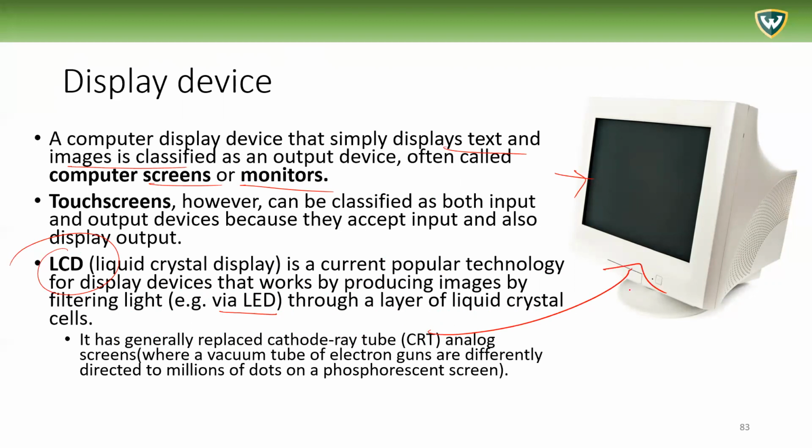This older technology needed very big hardware to create the images that we see, the vacuum tubes and electron guns shooting at a screen. Of course, this technology has disappeared very fast and has been replaced by LCD technology. Now, some people swear that CRT is better and you can see better images, but it's kind of hard to find these anymore, and I'm not really sure how much better they really are than LCD in terms of the image itself.